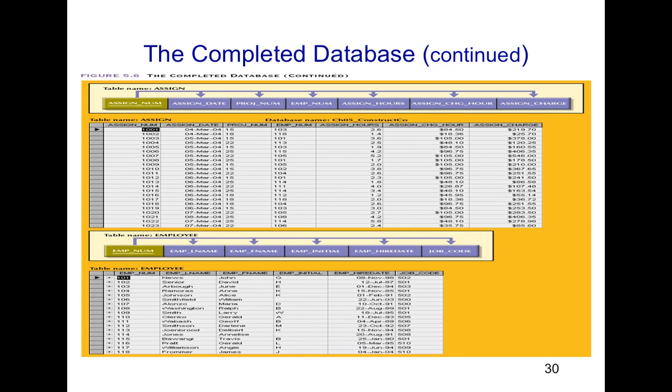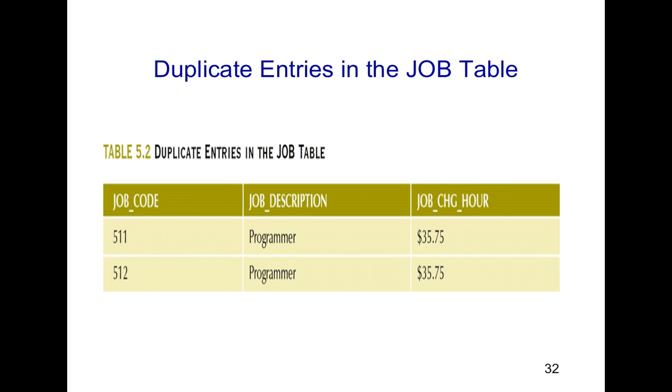We actually did this with some of our databases. We went into third normal form, but at one point we didn't link the primary with the foreign key. So if you're going to put the referential integrity in there, it's a good idea to enforce it, which means primary keys have to match up with foreign keys. Here's an example of duplicate entries for the job table.